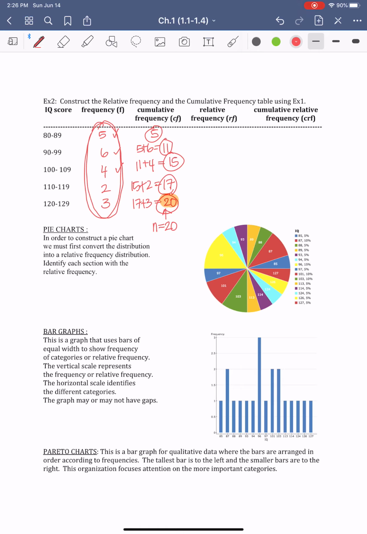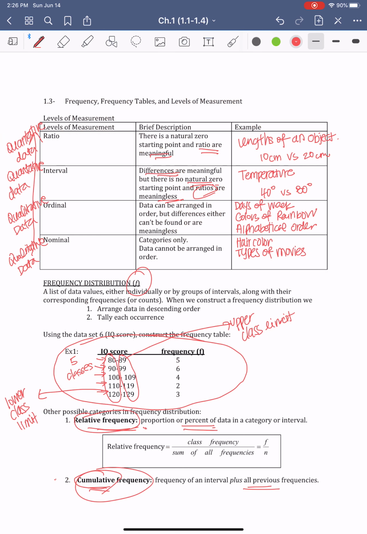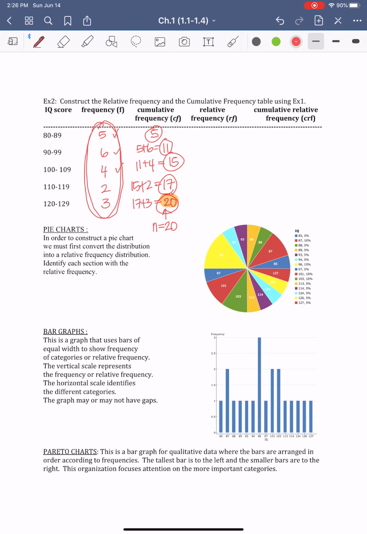Relative frequency was the proportion. So you take class frequency divided by sum of all frequency. So I'm going to have a class frequency for 80 to 89 was again 5. So it will be 5 over whole set 20. You can leave it as a fraction or you can give it as a percentage.